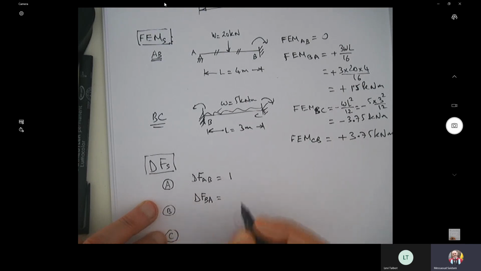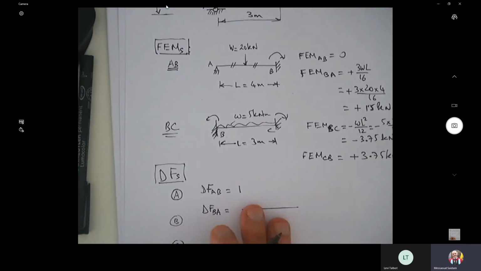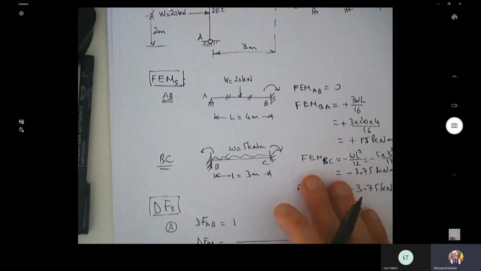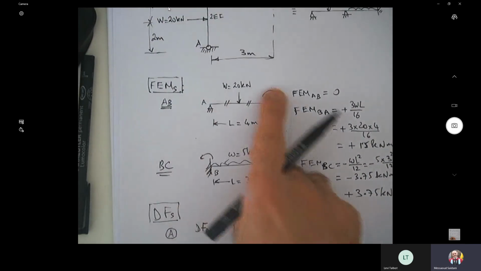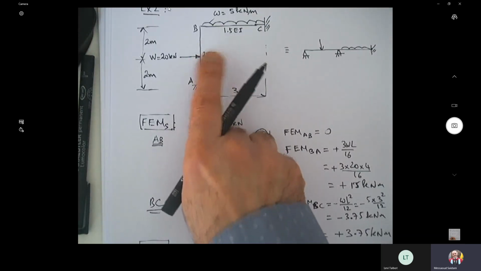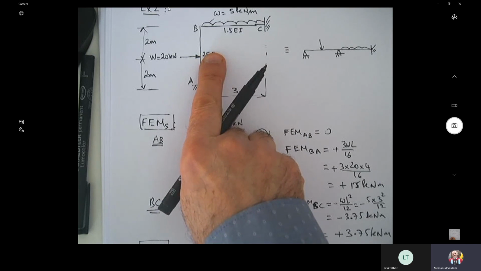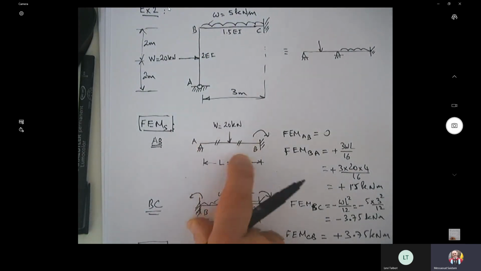DFBA, which will be, now this is where you need to be careful. Do you remember what I said yesterday? If one end is pinned, 0, like here. Exactly. So your flexural rigidity here, you need to multiply it by 0.75 because you have a reduced rigidity.